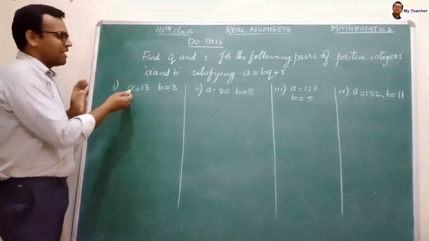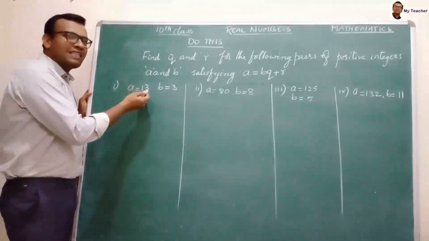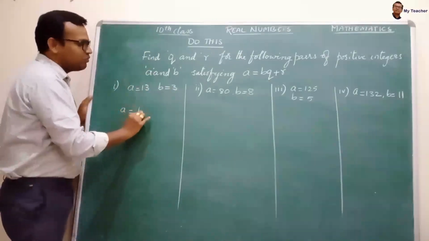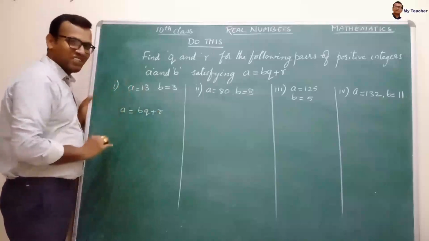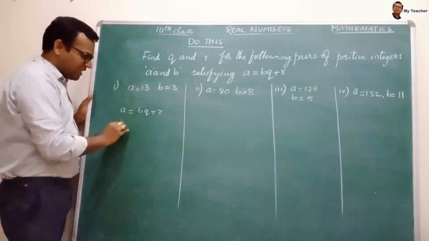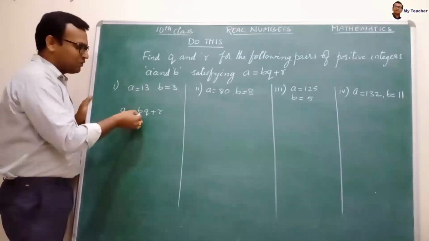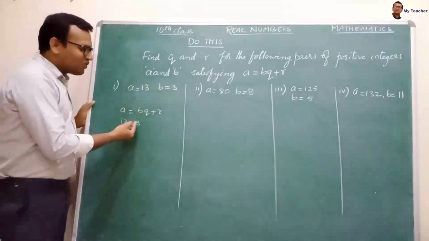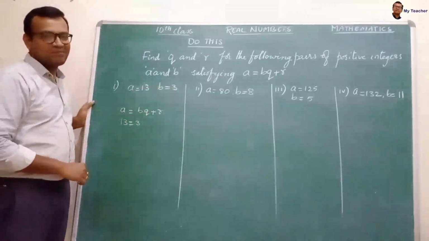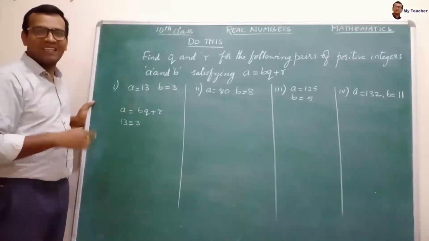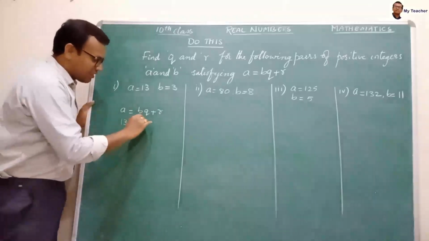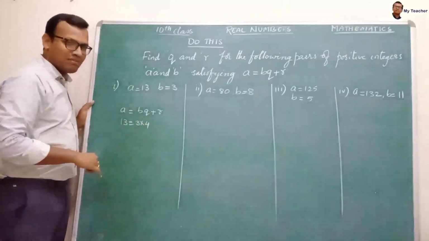Now let's see. A is equal to 13 and b is equal to 3. A is equal to bq plus r is the relation. Now how many 3s are there in 13? Yes, 4 3s are there. 3 4s are 12.